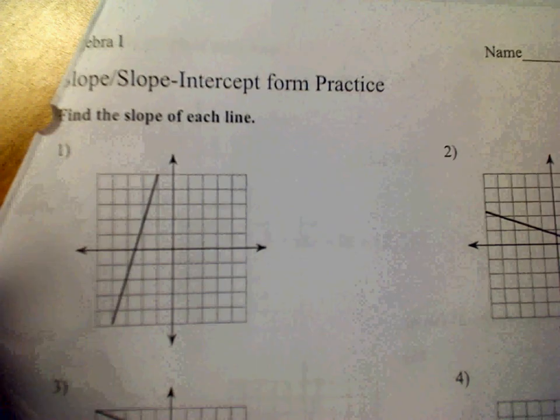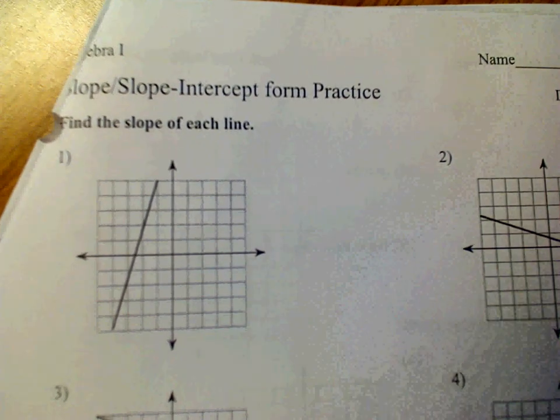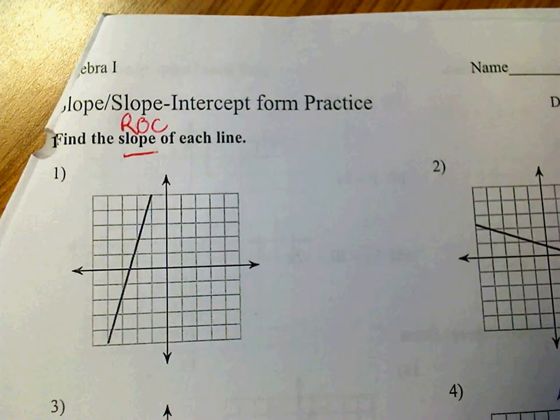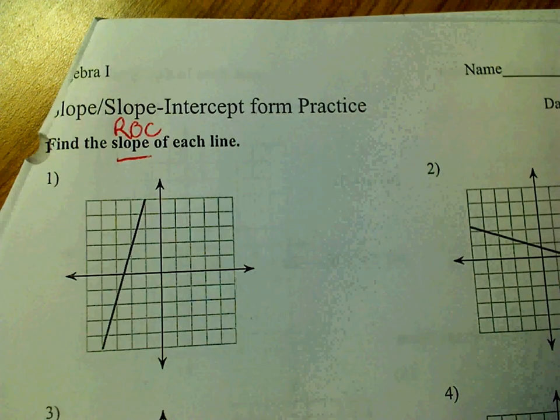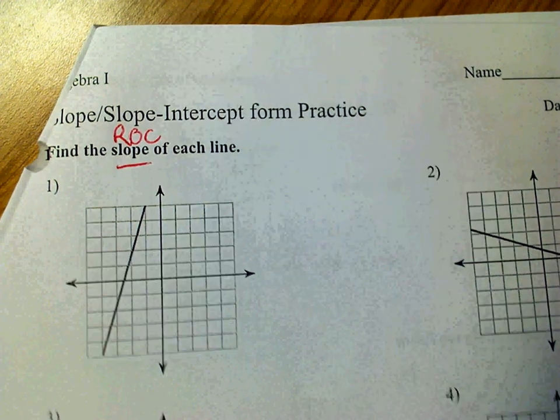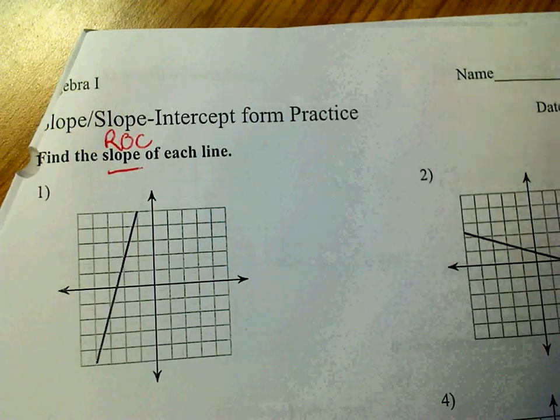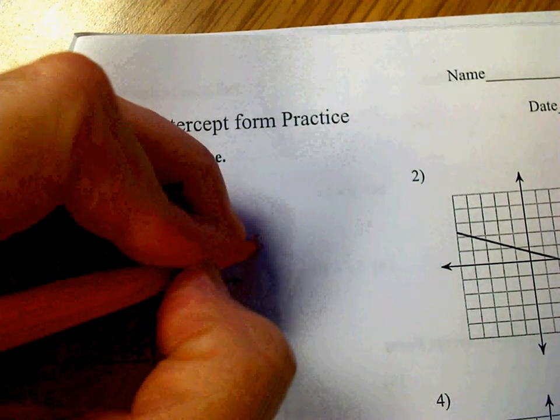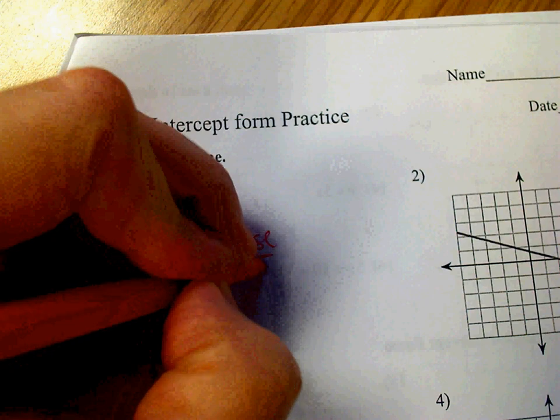What you need to remember going into this is that to find the slope, which is the same thing as the rate of change, you're looking to make a ratio, or a fraction, of 2 different values. The way that we showed you was rise over run.